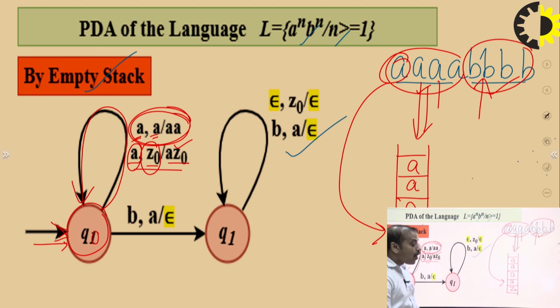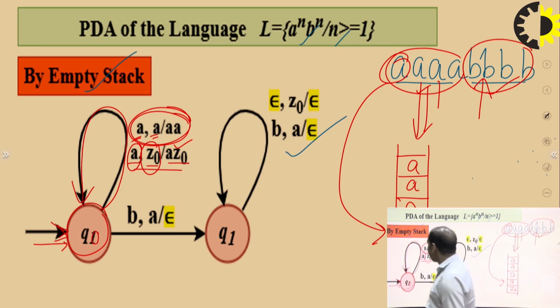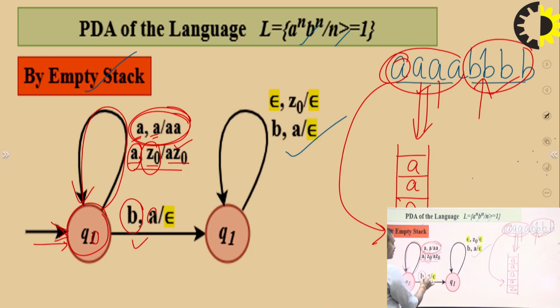After pushing all the A's inside the stack, when B is encountered, we start the pop operation. In case of pop operation, when the first B is encountered, we perform: top of the stack is A, slash null. This operation is called pop operation.